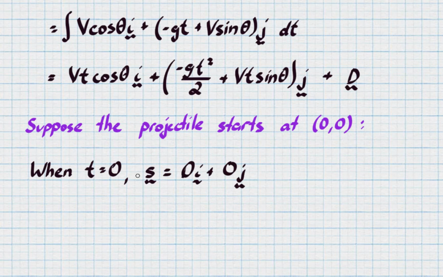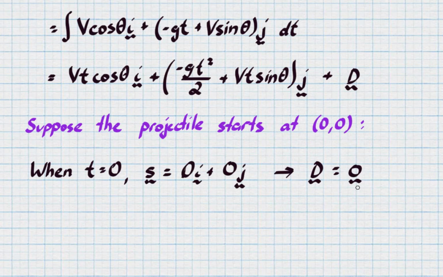And so if we substitute 0 and 0i plus 0j back into this line up here, we have 0 on the left, 0 here, 0 here, and therefore we see that the d that we have here, this vector we've been referring to as our constant of integration, is just equal to a 0 vector.